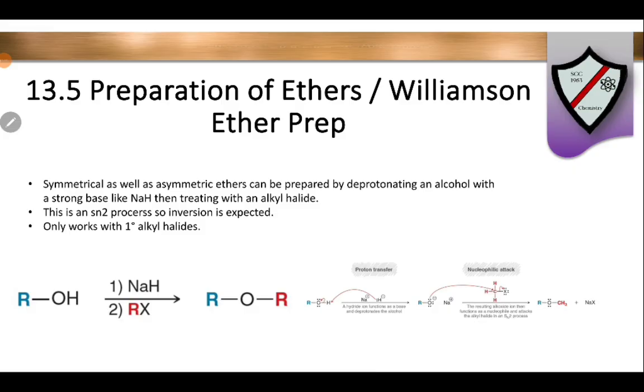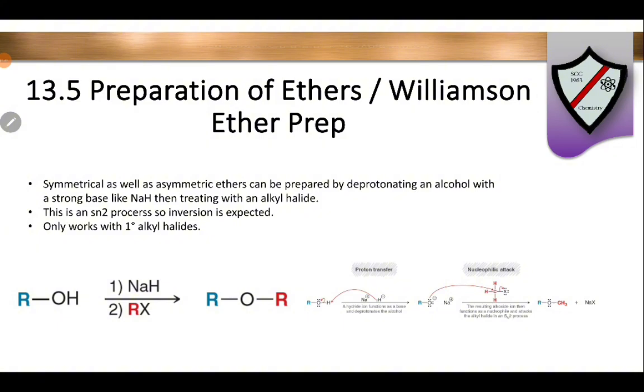Symmetrical as well as asymmetric ethers can be prepared by deprotonating an alcohol with a strong base like sodium hydride and then treating that with an alkyl halide. So an alkyl halide will substitute with the resulting alkoxide ion, giving us an ether product.